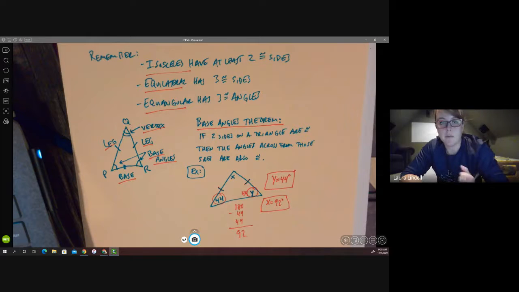So that's one problem that we could see using the base angles theorem.